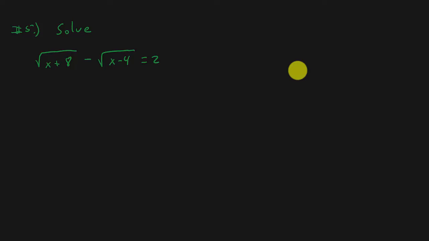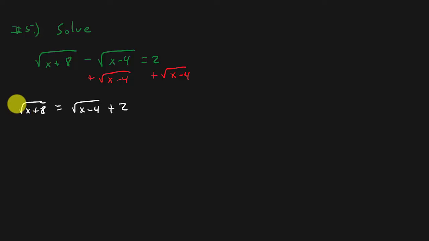All right, another question that got asked a lot on test number 2 is this one. We want to solve. So we've got two radicals here. So in order to solve this, we want to isolate one of the radicals. All right. And so that's going to give us the square root of x plus 8 is equal to the square root of x minus 4 plus 2. All right.